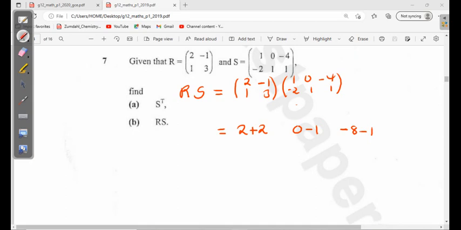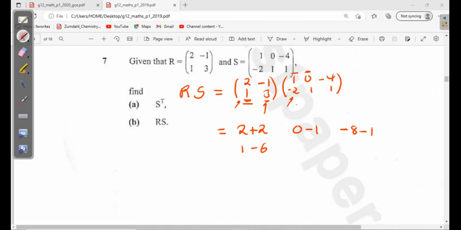So this one multiplied by 1, that is going to be 1. And then this one is going to multiply with this one. So 3 times negative 2, that will be negative 6. When we are done, the same one which is here is now going to multiply this second one. 1 times 0, that is a 0. And then this second one, which is a 3, now multiplies this one. 3 times 1, that is a 3.